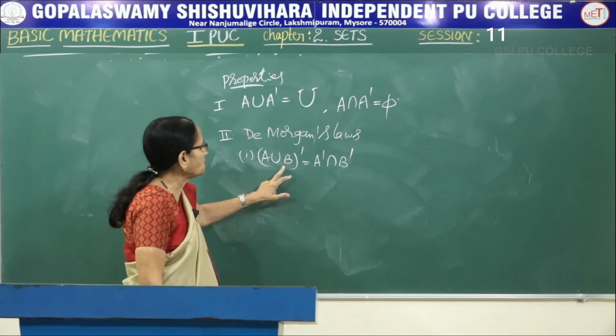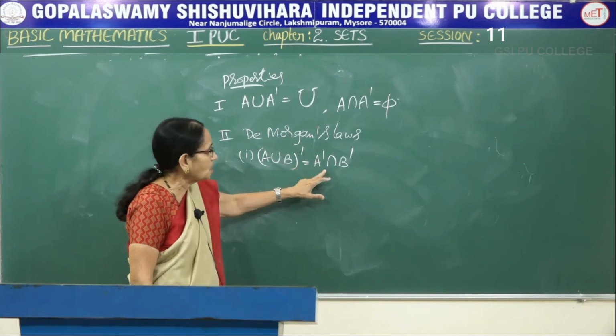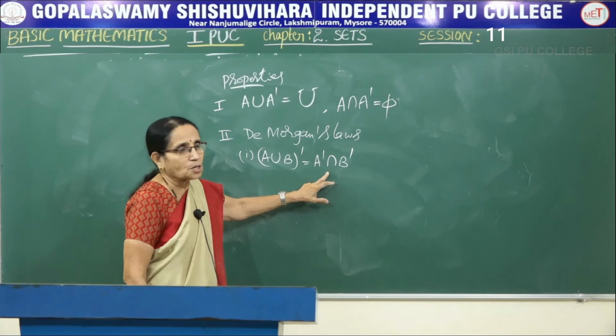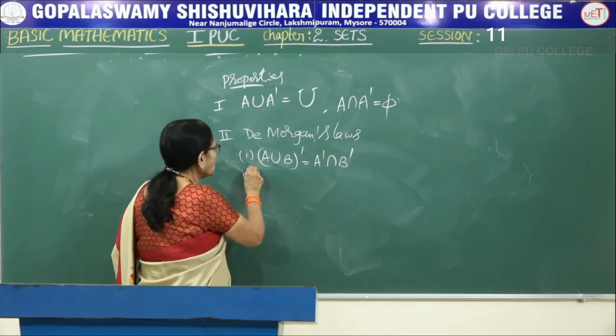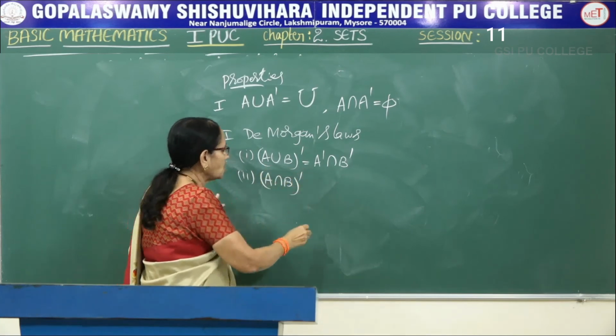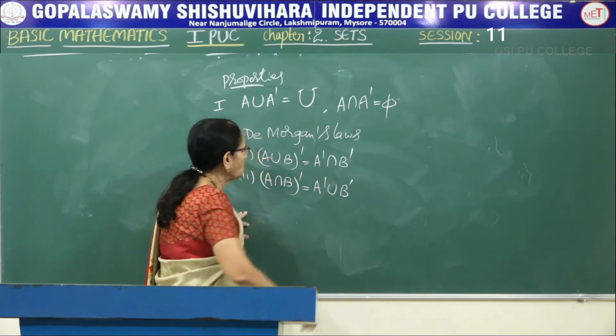You observe, first we have taken the union, then we have taken the complement. On the right hand side, we have taken the complements individually, then taken the intersection. The other one is the reverse of this: (A intersection B) whole dash equals A dash union B dash.